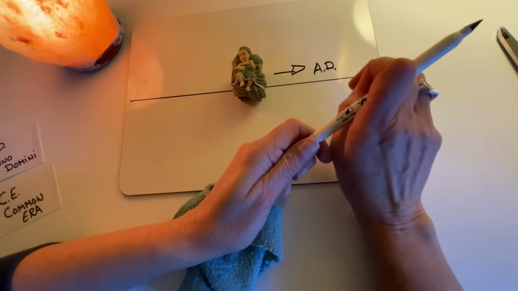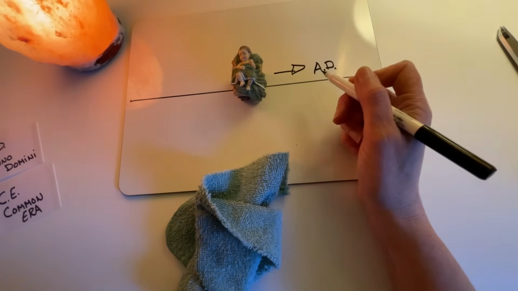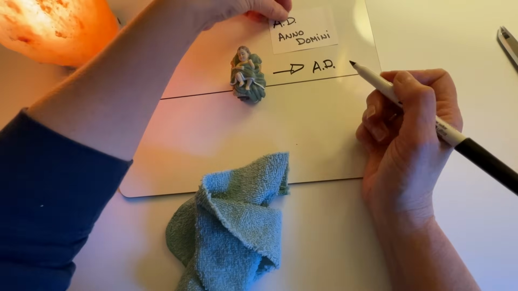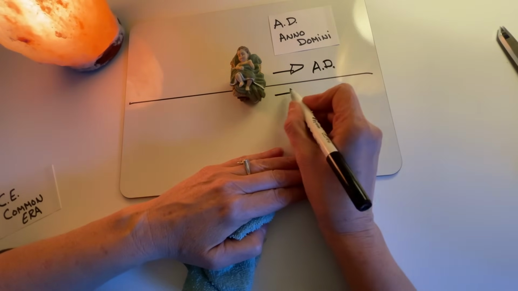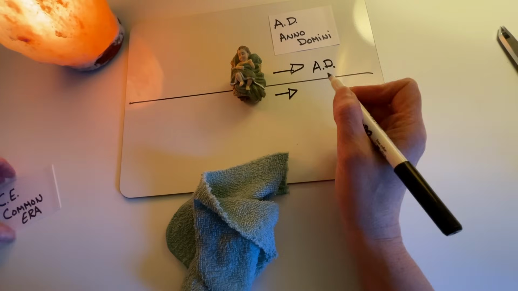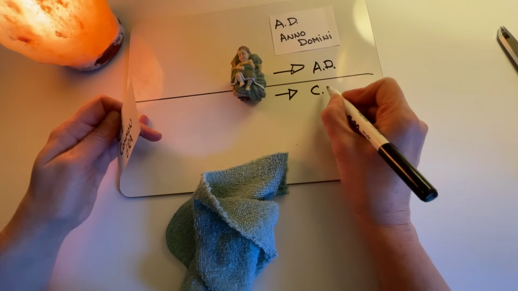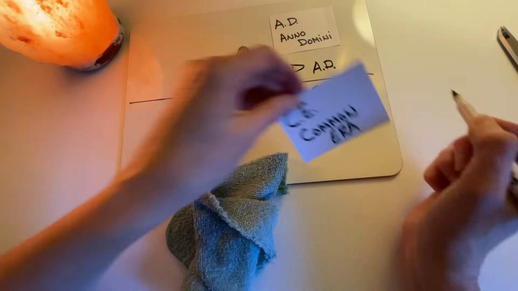But that's not right. I don't know where I heard that. It is Anno Domini, in the year of our Lord. Or you could also call it CE, for Common Era.